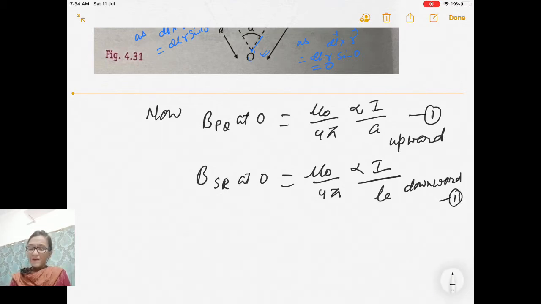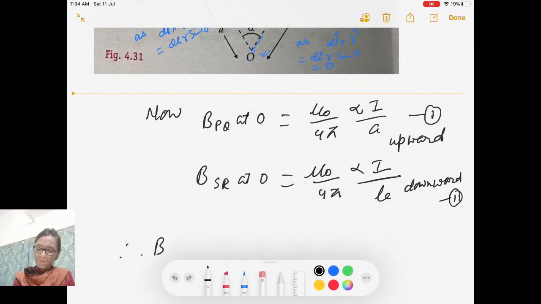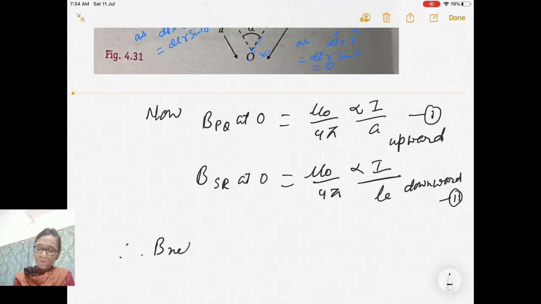So both the fields are in opposite direction, therefore B net is equal to bigger value minus lower value. So if denominator is small, then whole value is big.